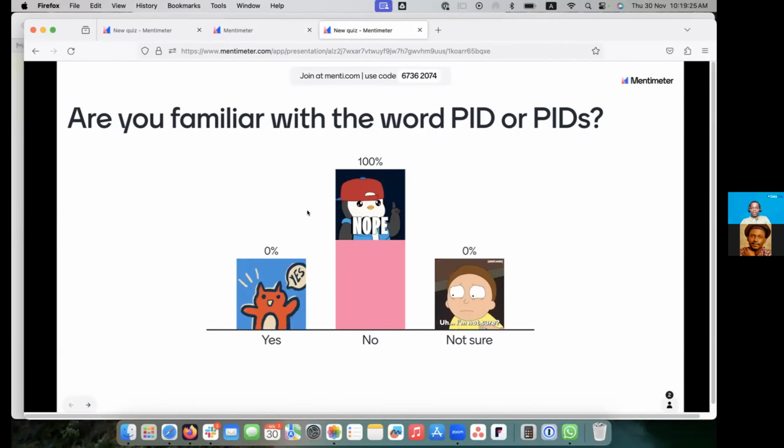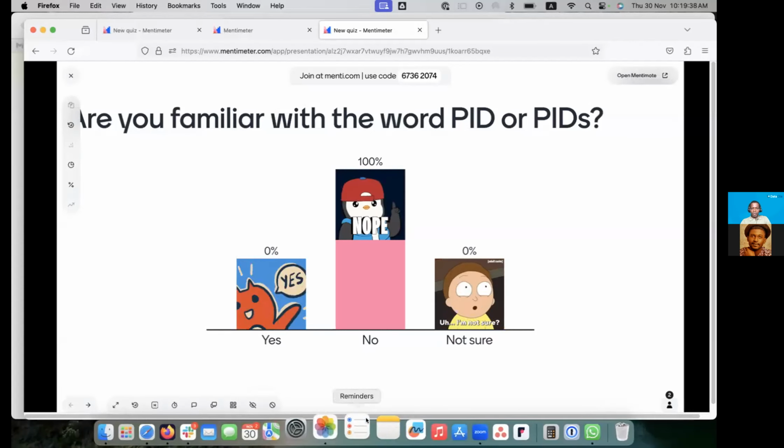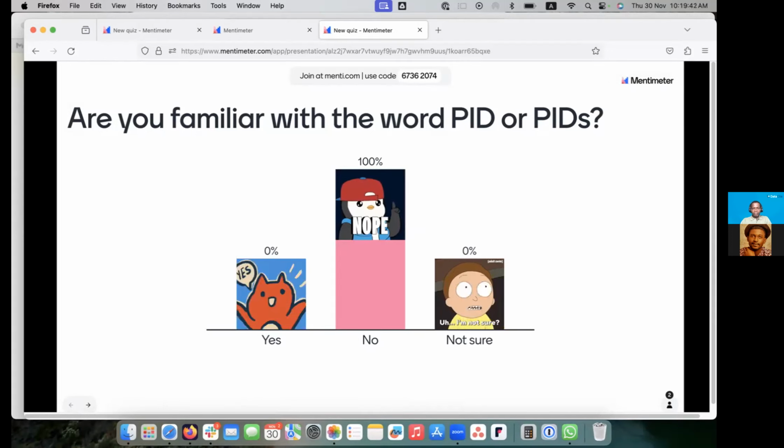Everybody is saying no. Sorry, Mr. Boson, can you paste the link in the chat, because somebody was asking for that in the chat? Yes. All right. Or maybe I can help you do that. And then the numbers to check: 6, 7, 3, 6, 2, 0, 7, 4. Okay.